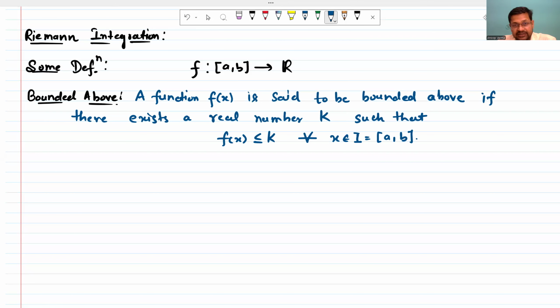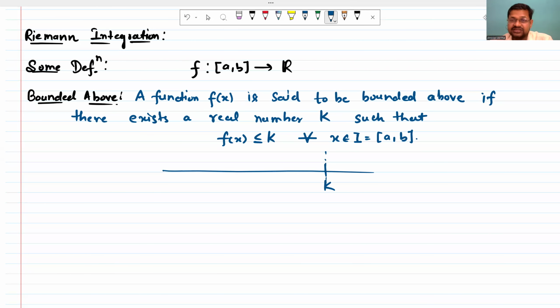So it means that we have some upper bound like this. Somewhere it is k, and for this is bound. This is a boundary, and the function is not crossing this value. Okay, so if there exists some k, some whatever the real number is maximum, बहुत बड़ी real number हो या बहुत छोटी हो, it doesn't matter.